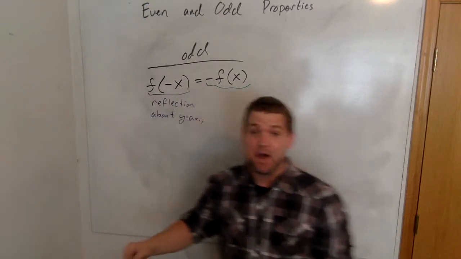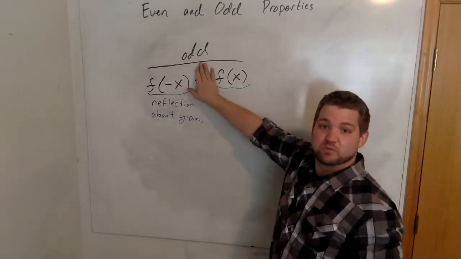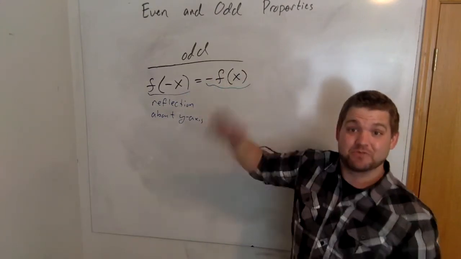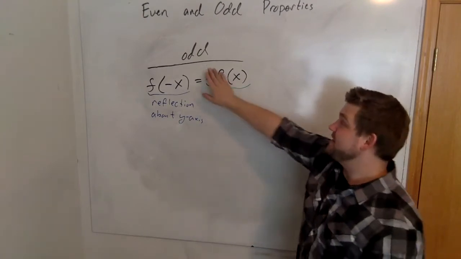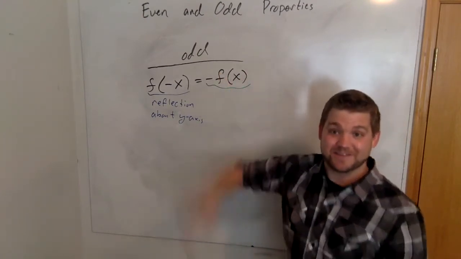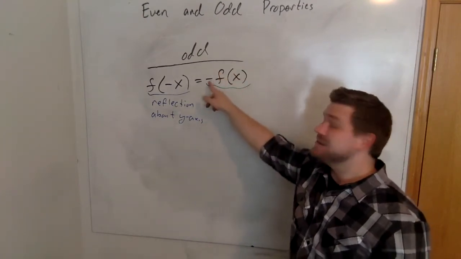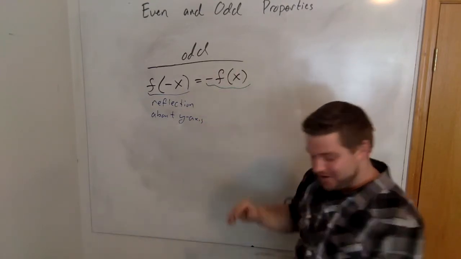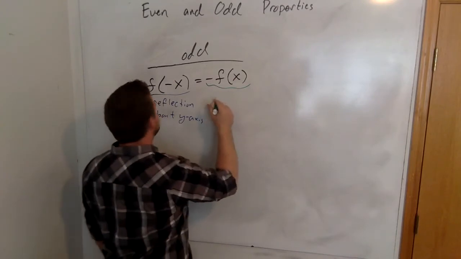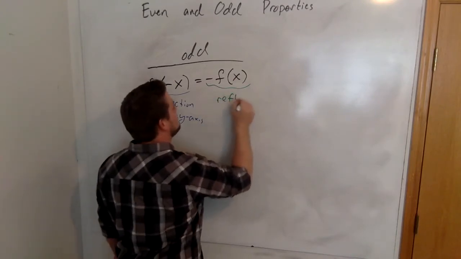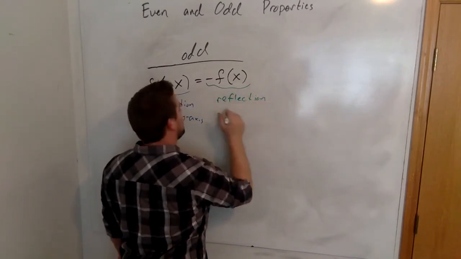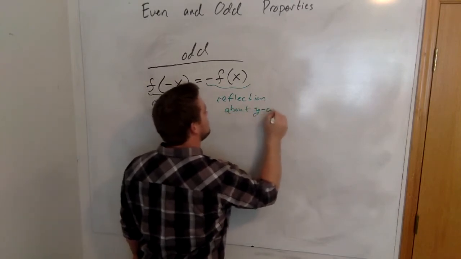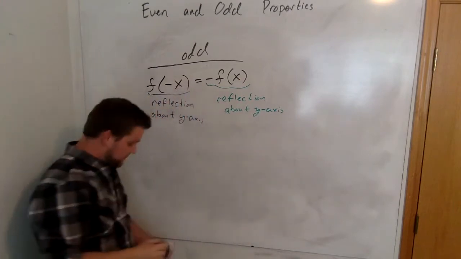That means if I had a positive output, just regular f of x, now I'm making it negative, I'm going to have a reflection over the x-axis. Or if I had a negative output and I throw a negative on it, that's going to make it positive. So when I throw a negative on the outside of the function, that reflects it over the x-axis. So this is a reflection about the y-axis.